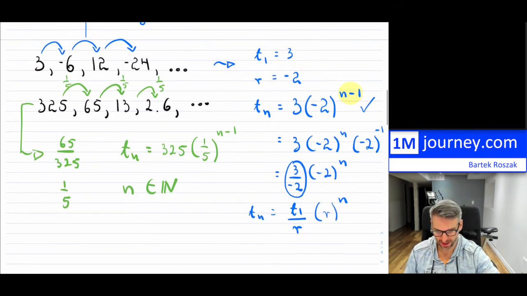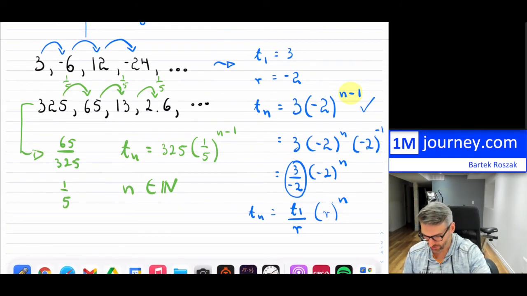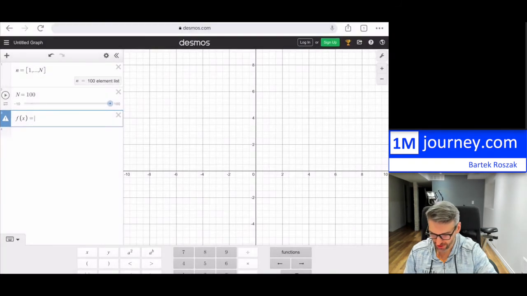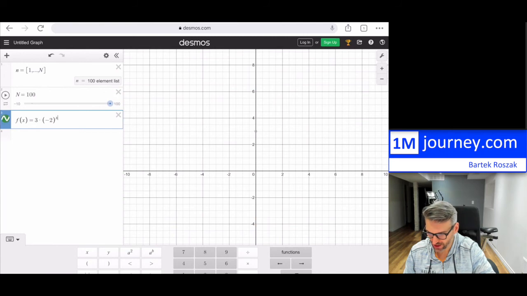So that's going to be 3, multiplied by -2, raised to the x minus 1. Like that.